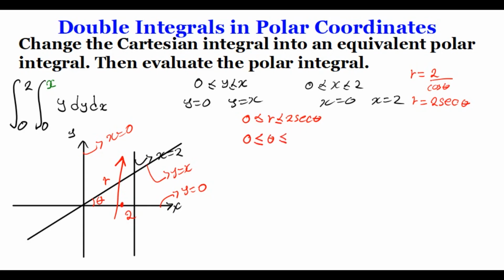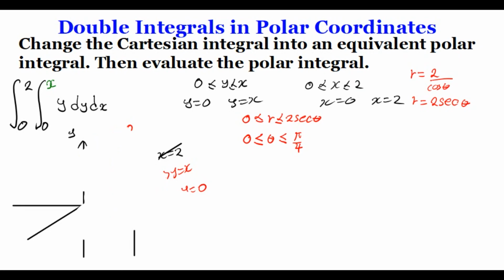The highest value that you're going to pick is pi over 4, which is 45. How am I getting the 45? What is limiting this line that is going up is this line here, which is y is equal to x. And this line here is an identity function, and it makes an angle of 45. You have 45 here and you have a 45 there, so it makes an angle of 45. So we write it in terms of the angle, which is 45, and that's how we get those.